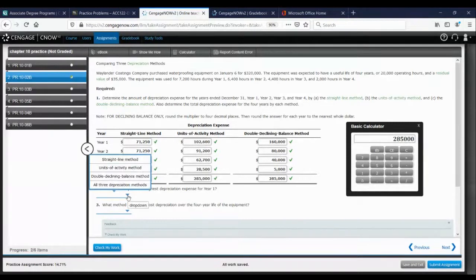So the method that yields the highest depreciation is the declining balance method, which is sometimes called the double declining balance method because it's twice the straight line rate that we use as the depreciation rate for this method. That's why they call it the double declining balance method. So as you might guess, the depreciation expense on your income statements can be very different depending on which method you use.